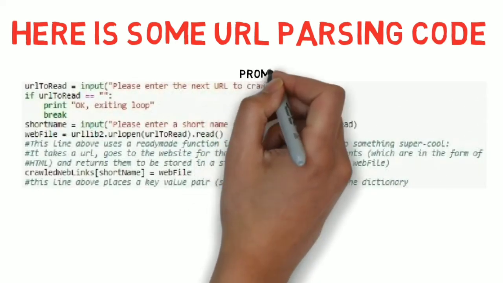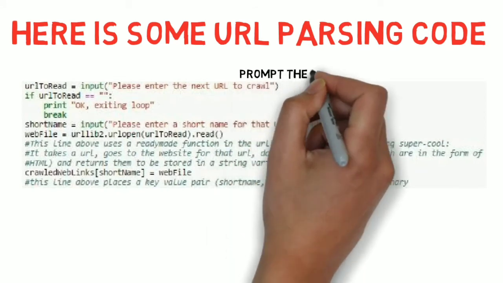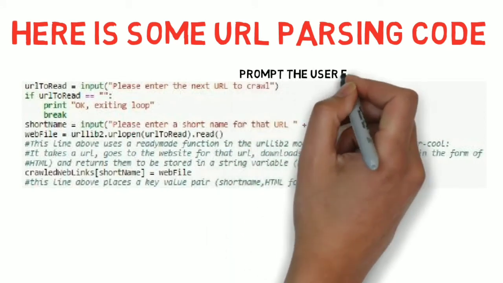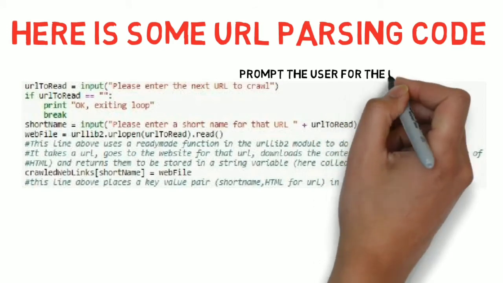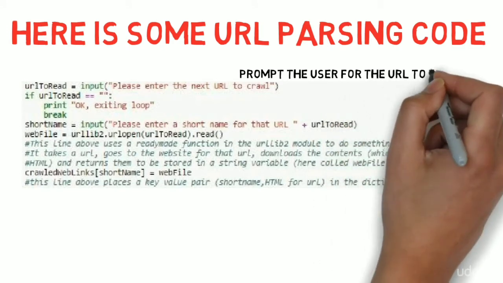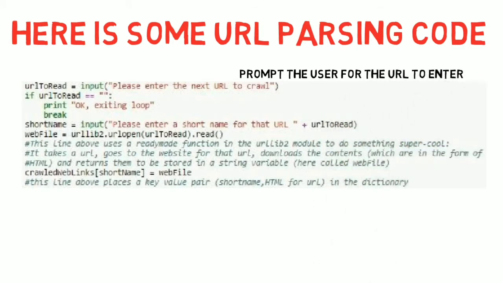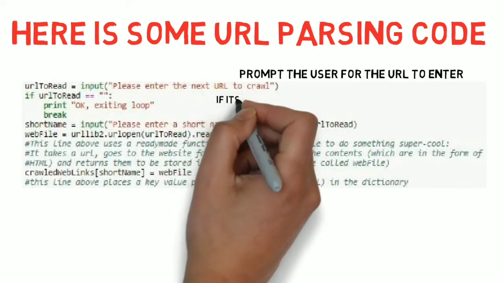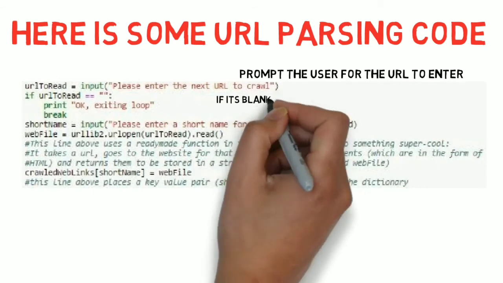This is just the normal flow of the program. First, you'll prompt the user for a URL to enter. So that's why you are saying input, please enter the next URL to crawl.